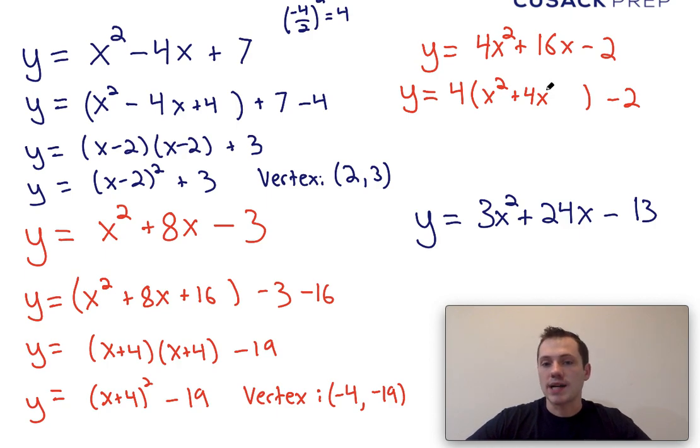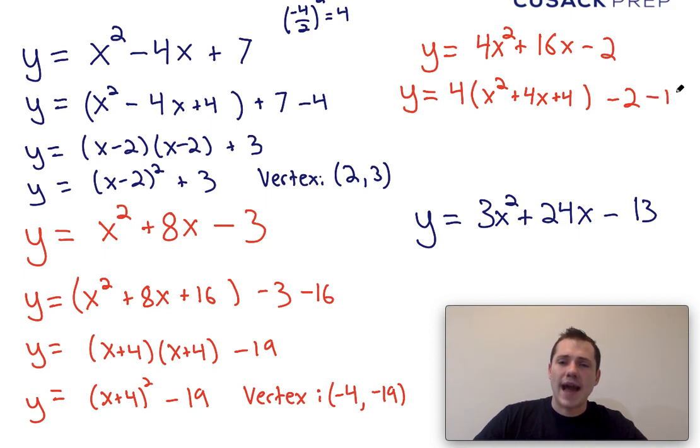We're going to do the same process that we did before, completing the square. We take this b value and divide it by 2. 4 divided by 2 is 2, and if we square that, 2 squared is 4, so I'm going to add 4 in here. Now, last time we just subtracted the same number, but this time it's a little different, because I'm not really just adding 4, am I? This 4 out front will get distributed, so 4 times 4, I'd really be adding 16.